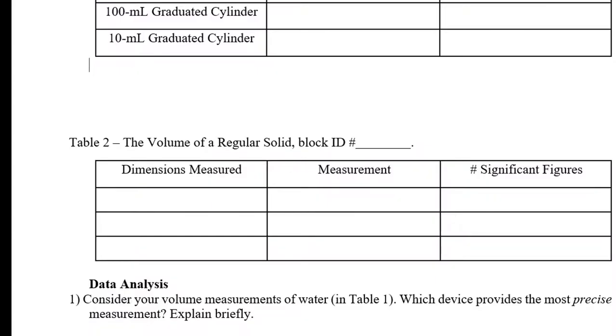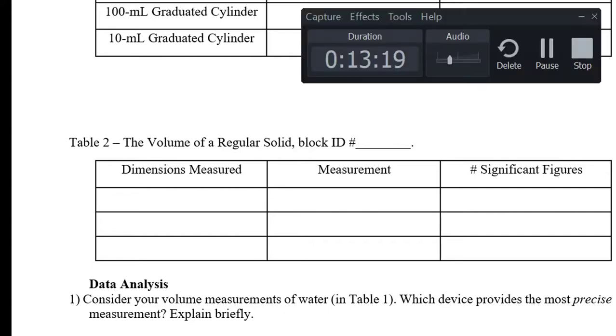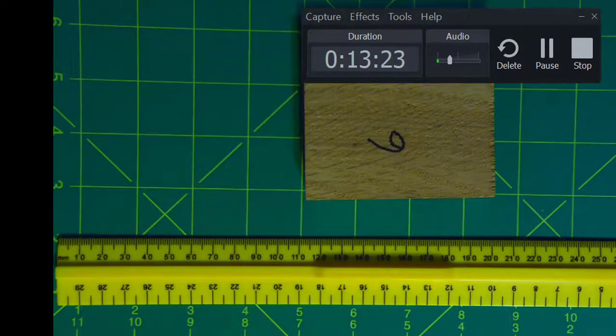Next, we'll be measuring the volume of a regular solid block, and we'll be filling this into table 2. So let's go ahead and take a look at the block itself. So here we're showing the block and the ruler that we'll be using.